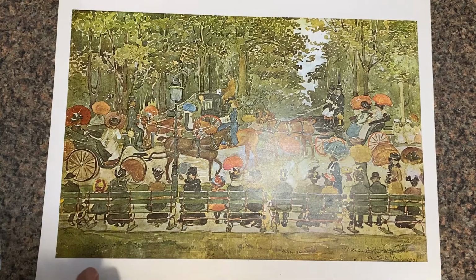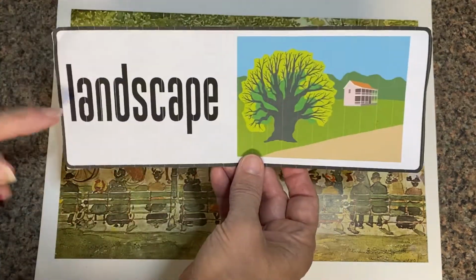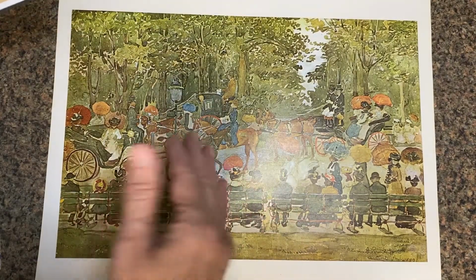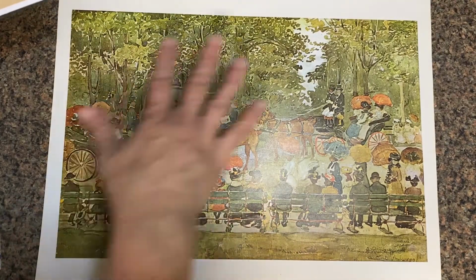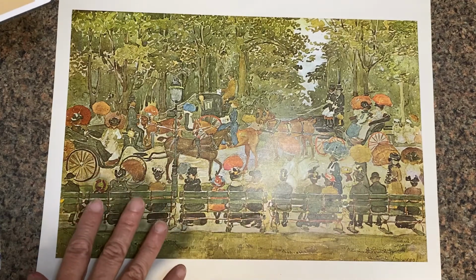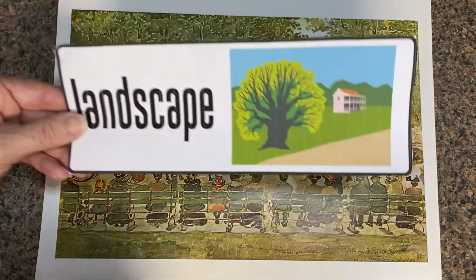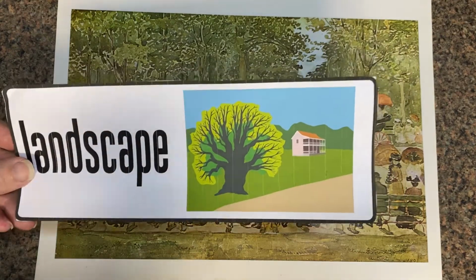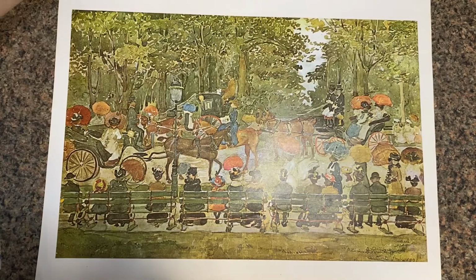This is a landscape. It could be a cityscape because it's in the city, but because of all of the trees, I am going to be calling it a landscape. Now, if you have a different opinion of it, just let me know, and we can have a discussion on that if we need to.